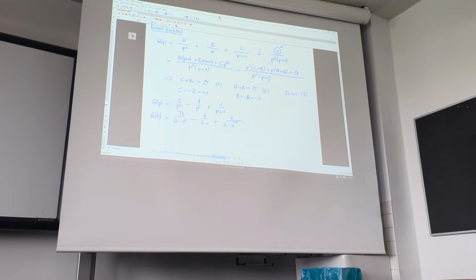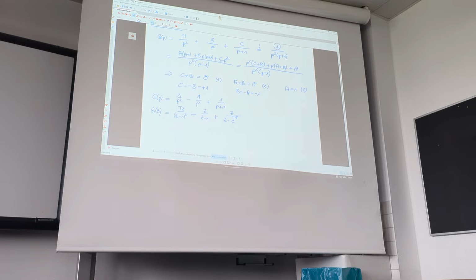So Z over Z minus e to the power of minus T. Okay, and that's already the result for G of Z in the Z domain.